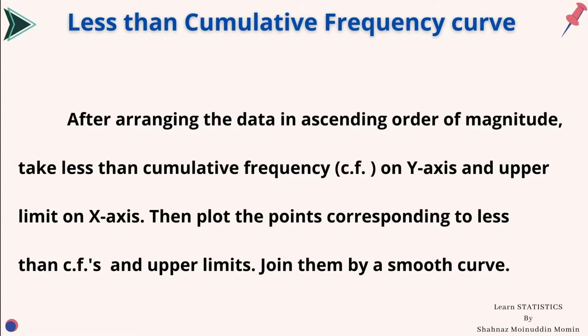Now let us see how we draw a less than cumulative frequency curve. After arranging the data in ascending order of magnitude, take less than cumulative frequency on the y-axis and upper limit on the x-axis. Then plot the points corresponding to less than cumulative frequencies and upper limits. After plotting all the points, join them by a smooth curve.